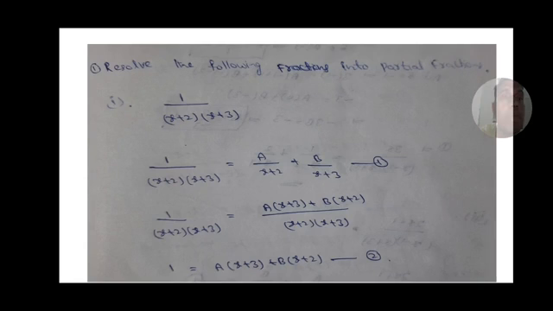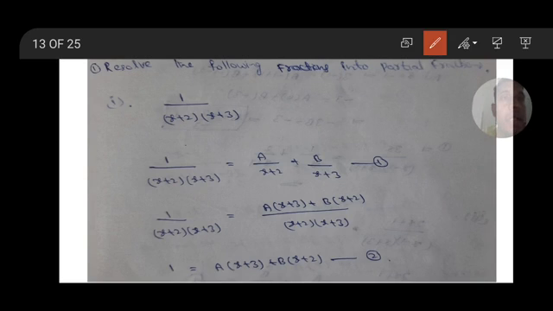First problem. Okay. Resolve the following fractions into partial fractions. First one, 1 by x plus 2 into x plus 3. Here the denominator contains two factors, x plus 2 and x plus 3, and powers are 1, so they are linear factors and they are different, not repeating, therefore they are non-repeating linear factors.